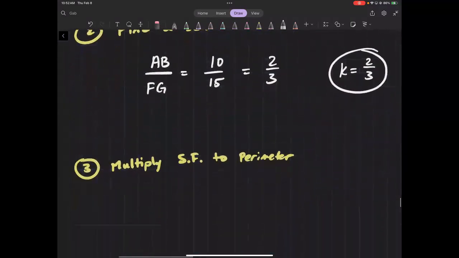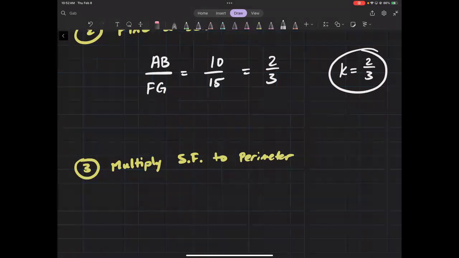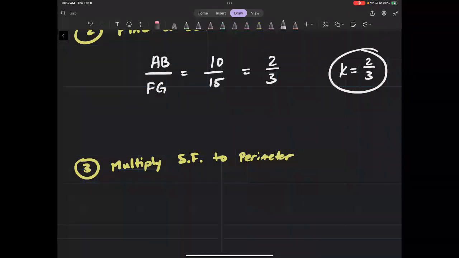Now what you're gonna do is you take the scale factor and multiply it by the perimeter that you just found.